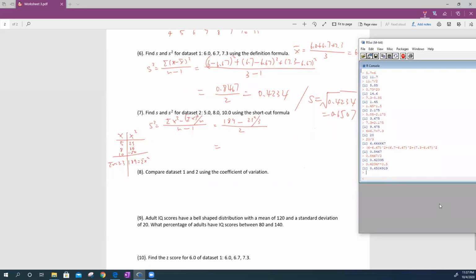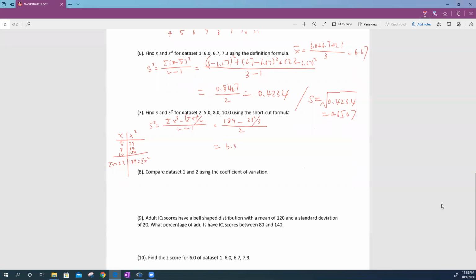If you want to type the entire formula into your calculator, then you have to include this parenthesis. So that'll let the calculator know you want to calculate the difference first, and then divide it by 2. So that's going to be 6.33.